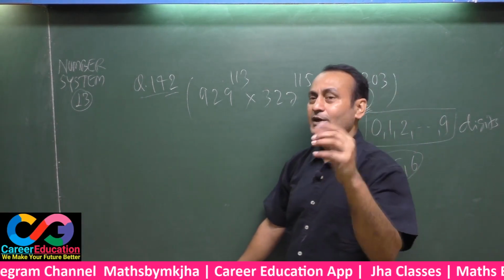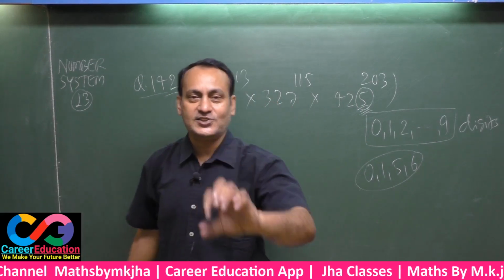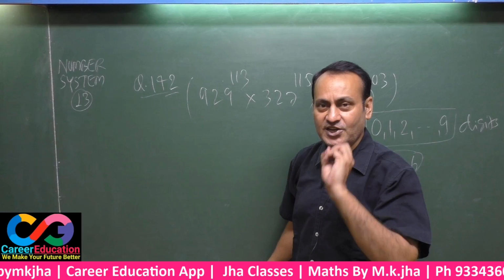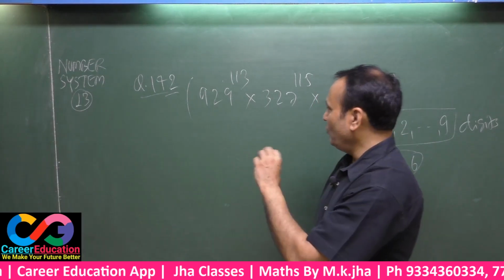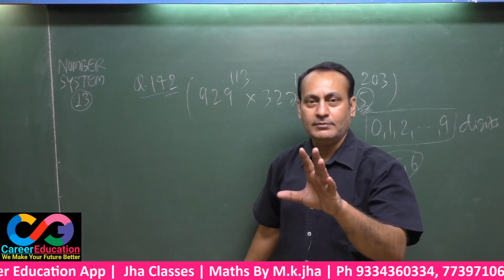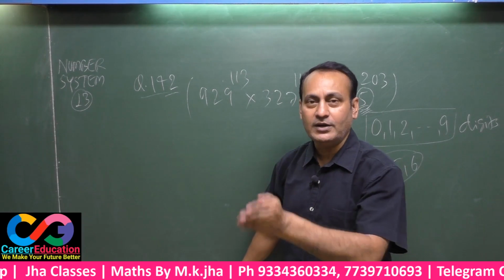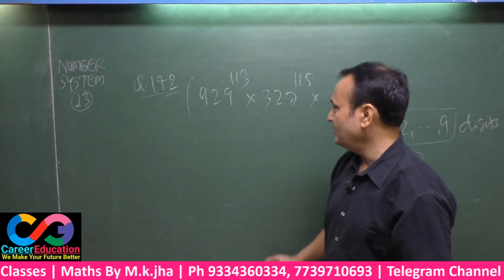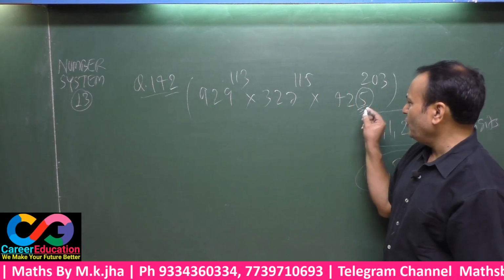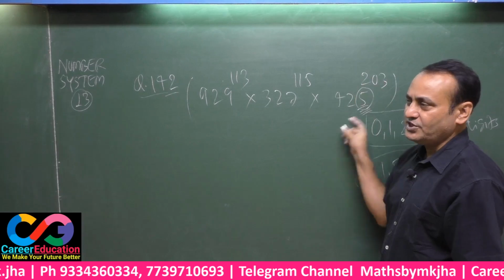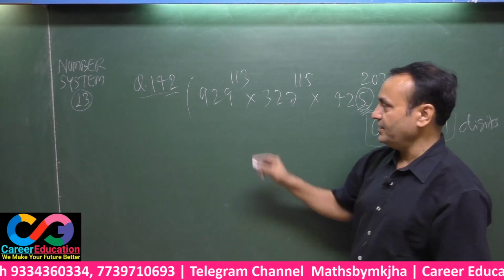You have to remember 0, 1, 5 and 6 are such digits, whatever may be the power on them, the unit will certainly be respectively 0, 1, 5 and 6. That means for this you got the answer: the unit is only 5.